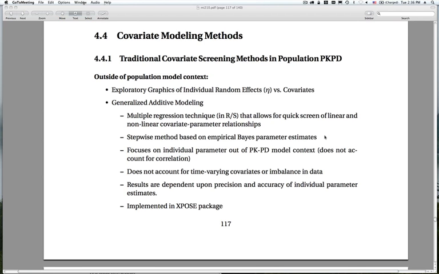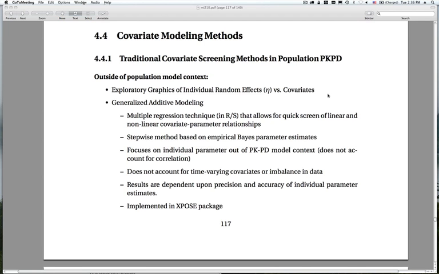And this is an exploratory data analysis technique, or a data mining type technique, where you're looking at results of a model derived from a data set to identify which components of the data set should be included in the model. So it's completely data driven, and the model is actually confounded with that data set. But this is where we would use maybe exploratory graphical relationships between individual random effects, the individual etas, and covariates, and I'll show you an example of that.